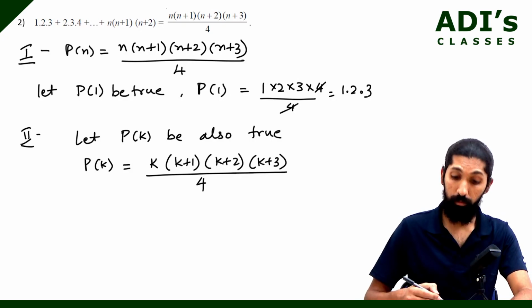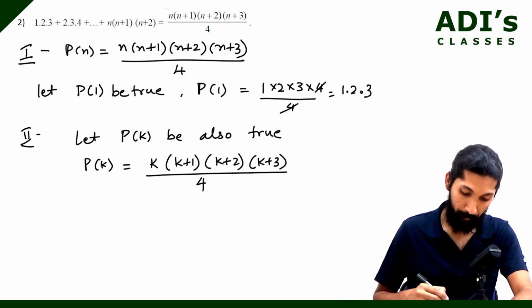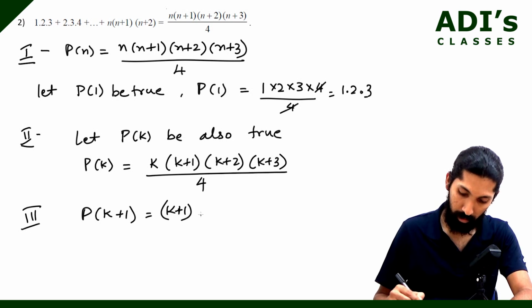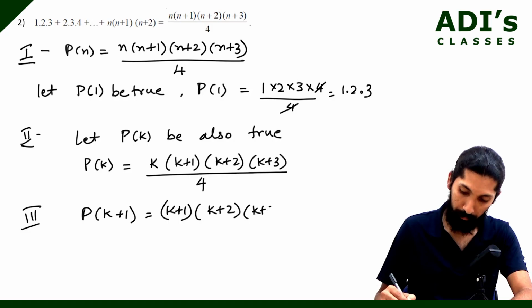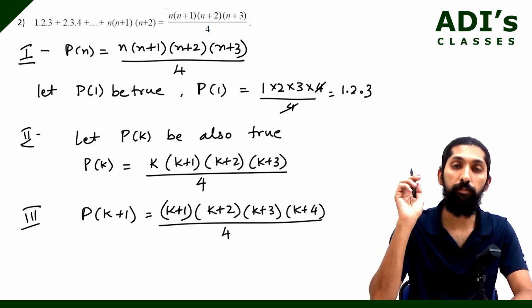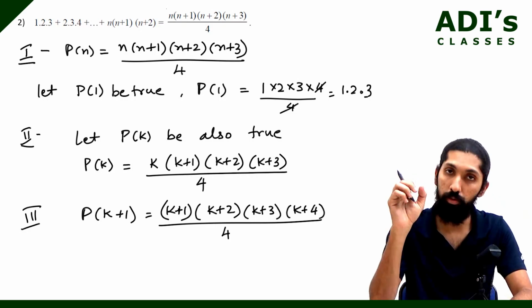Now, the third step is quite important. You can say P of k plus 1 is equal to k plus 1 into k plus 2 into k plus 3 into k plus 4, whole divided by 4. This is P of k plus 1. Now we need to prove that P of k plus 1 is true, isn't it?